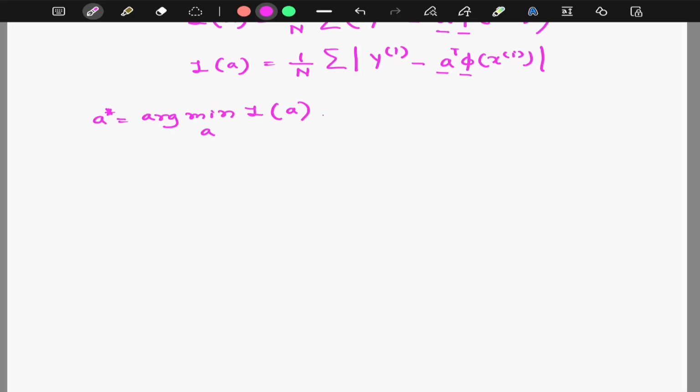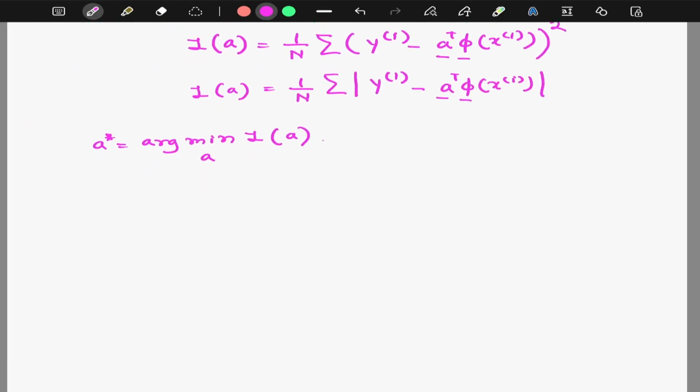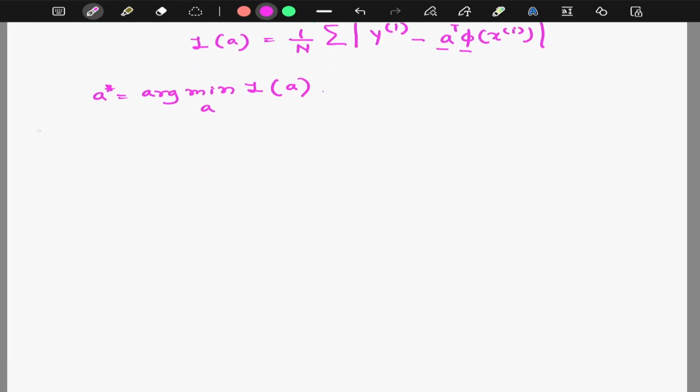For example, in least squares linear regression, you can actually solve it directly. Okay. So, there are two ways of solving.